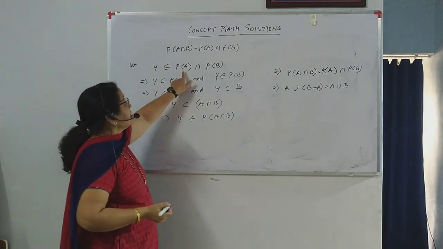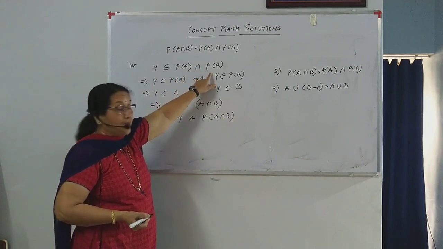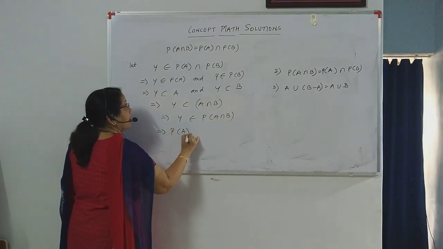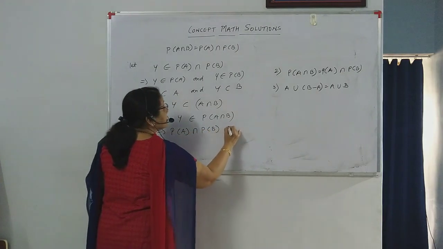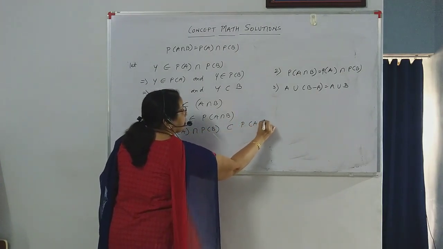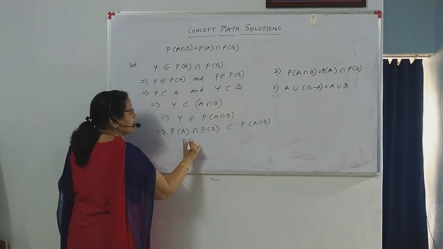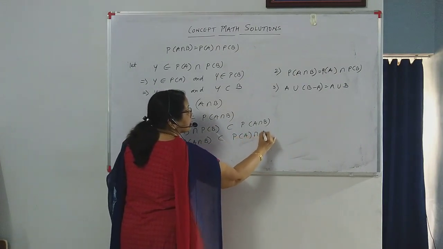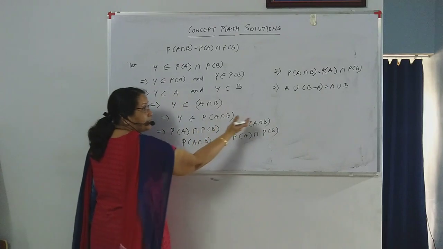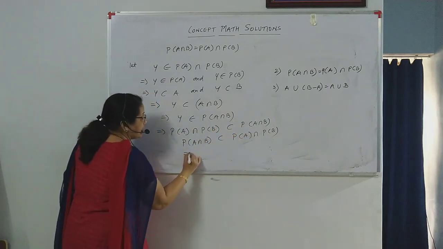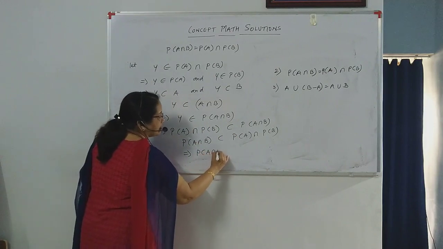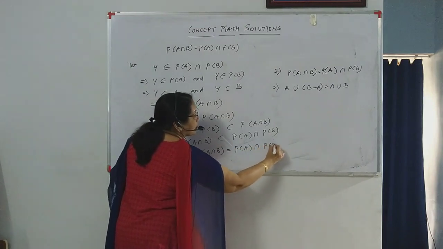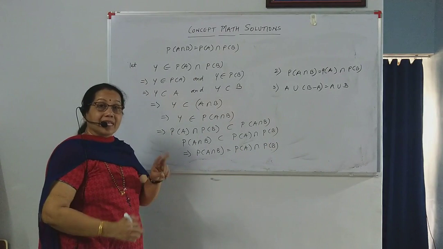That means all elements of the power set of A intersection the power set of B are in the power set of A intersection B. That implies the power set of A intersection the power set of B is a subset of the power set of A intersection B. And if you remember, earlier we have proved the power set of A intersection B is a subset of the power set of A intersection the power set of B. Now, X is a subset of Y and Y is a subset of X, means X is equal to Y, that is the power set of A intersection B is equal to the power set of A intersection the power set of B, and that completes the proof of the second question.